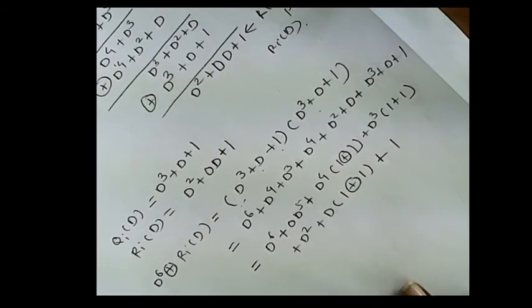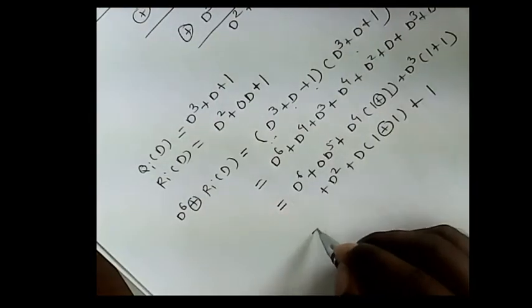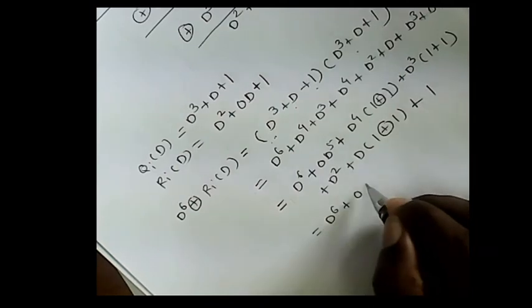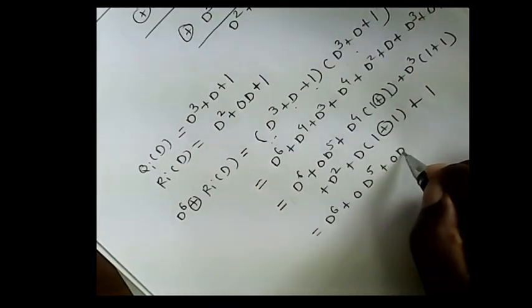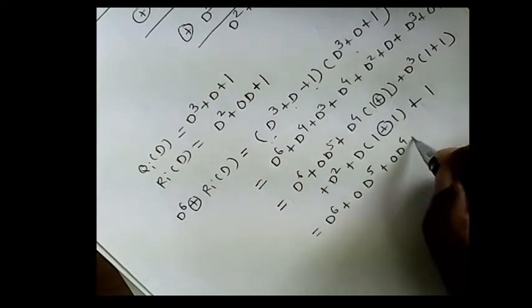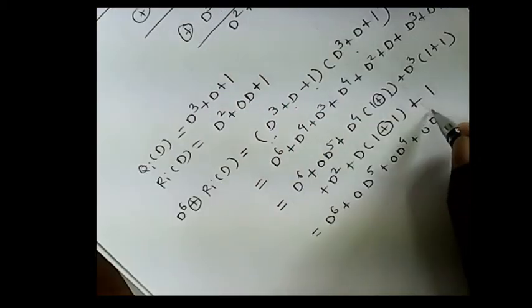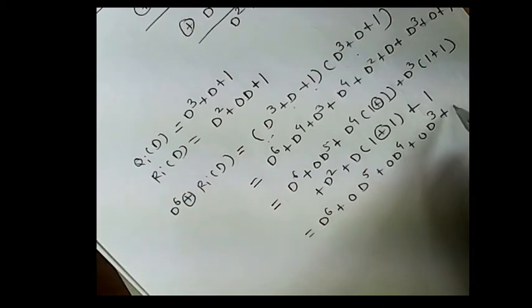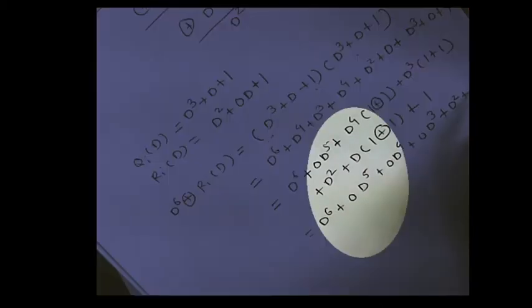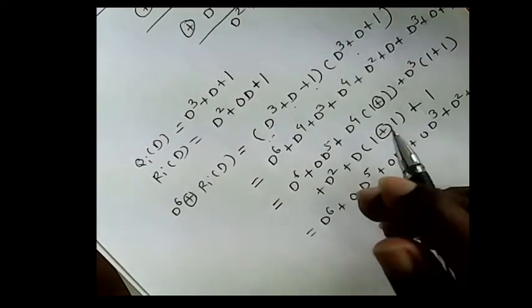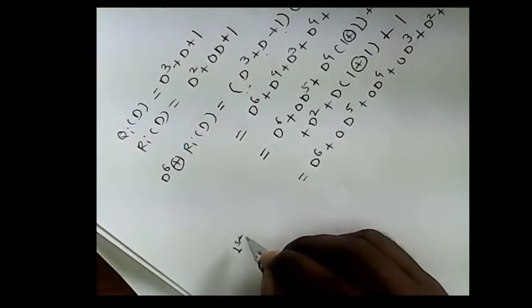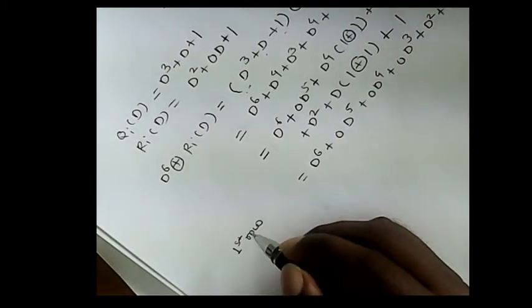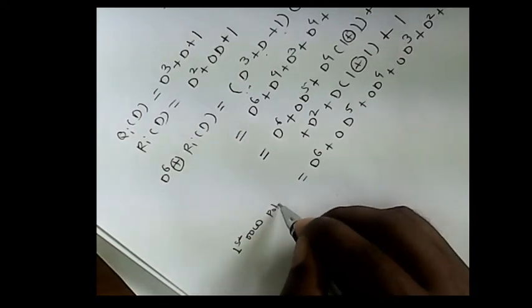So we get d raised to power 6, 0d, d raised to power 5 is 0, d raised to power 4 is 0, d raised to power 3 is 0, d square, 0d plus 1. So this is the first row polynomial.